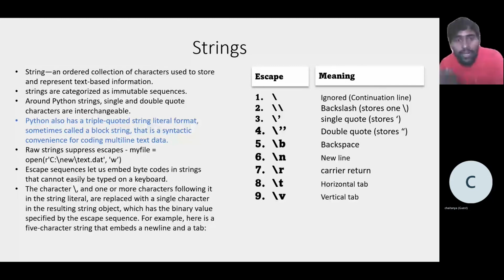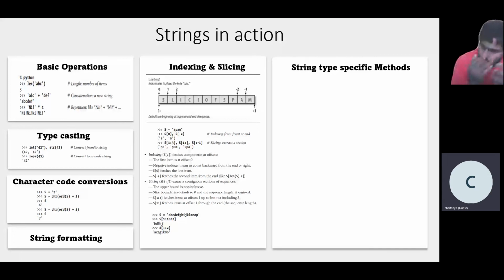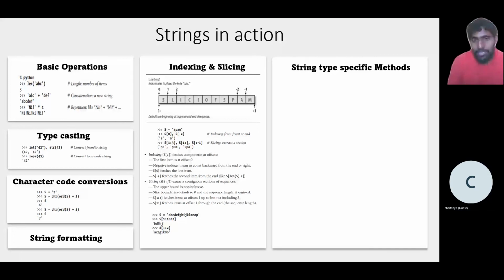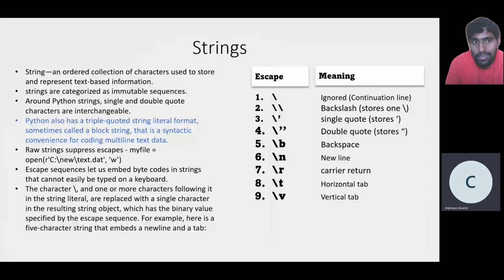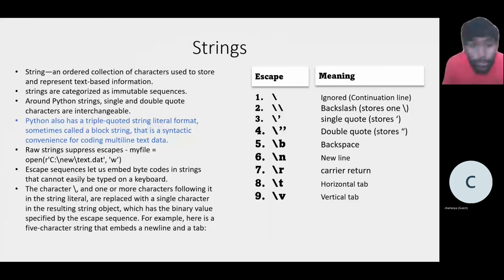So we have completed the strings. We will just have a brief summary. What is a string? A string is an ordered collection of characters, and it is a text-based representation for us. The second thing is, it is immutable. We will see what mutability is later. Just remember that. The expression for a string is single quote, double quote, or triple quote.